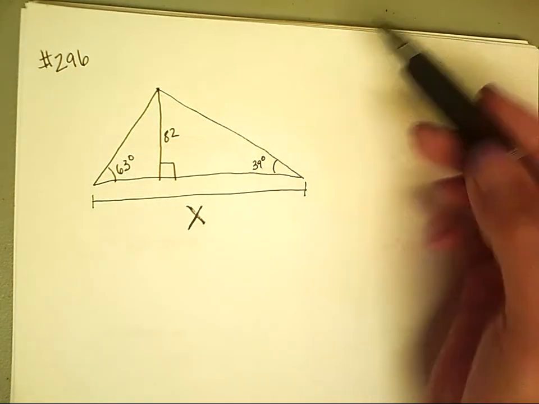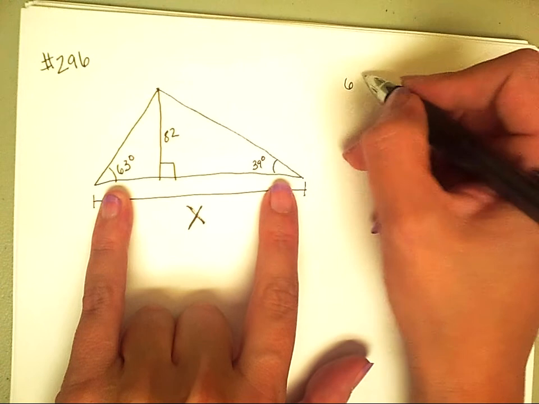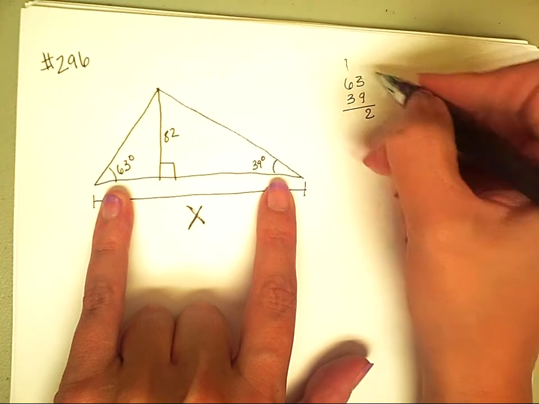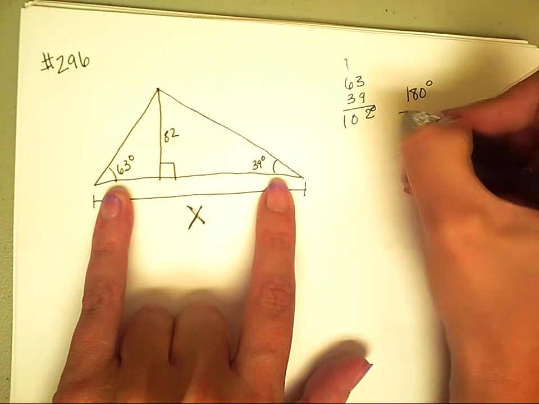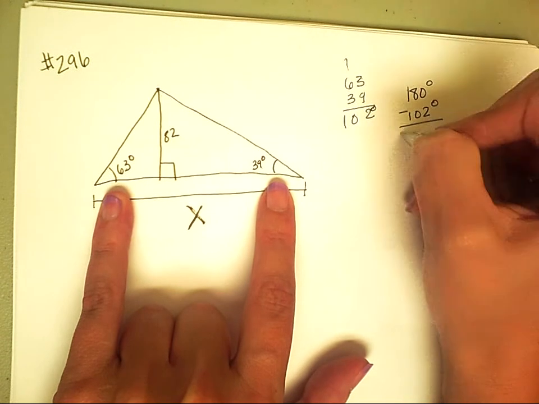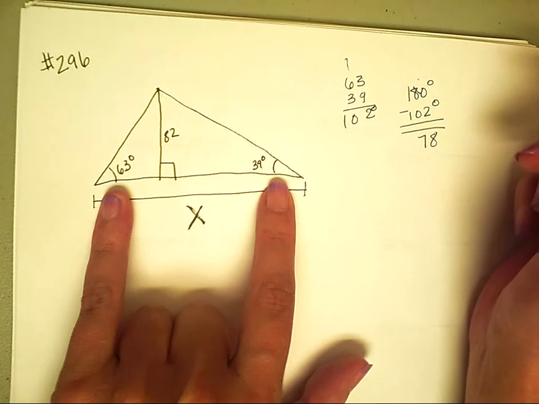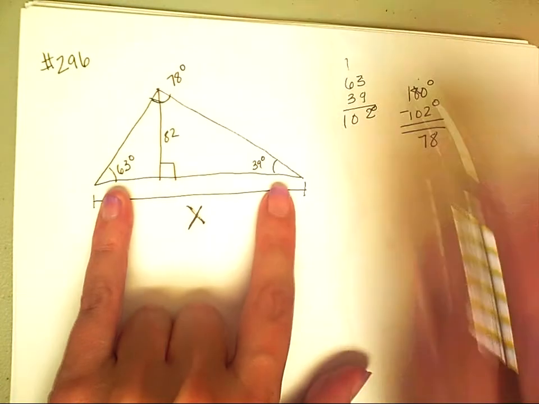This is no longer a right triangle. We can see that 63 plus 39 is 102 degrees. So 180 minus 102 degrees is 78 degrees. Okay, so this entire angle here is 78 degrees.